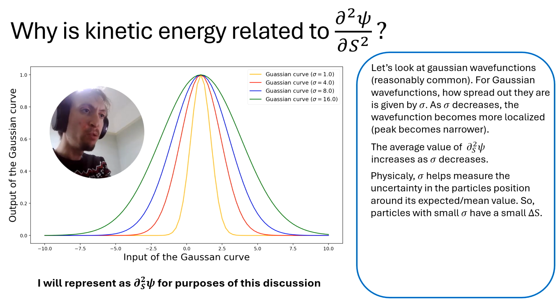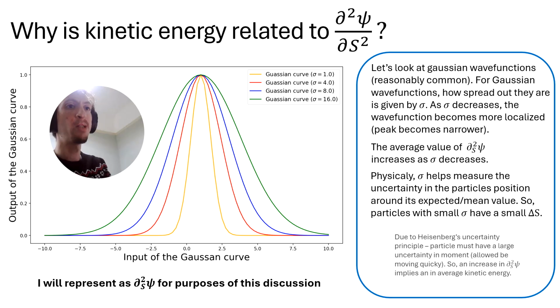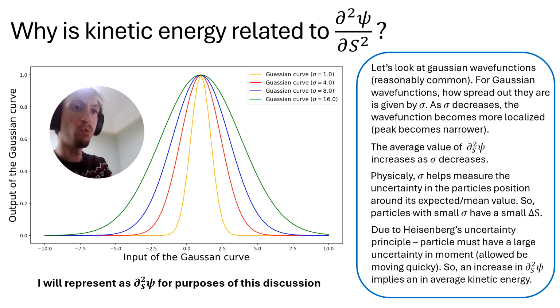But by Heisenberg's uncertainty principle, if delta S is small, then the uncertainty in momentum delta P is going to be pretty big. So a small delta S allows for a particle to have a lot of kinetic energy.